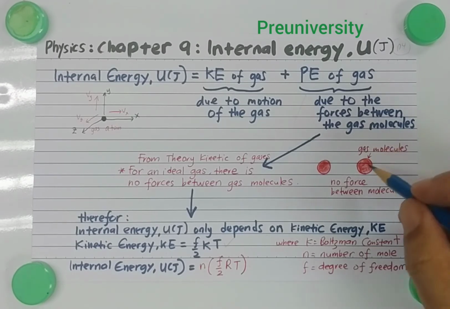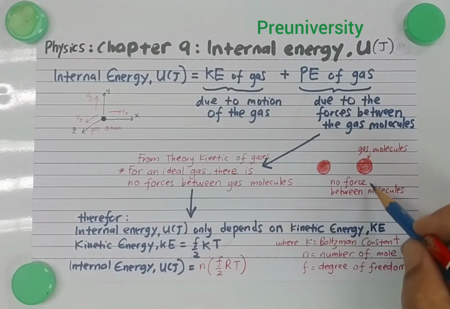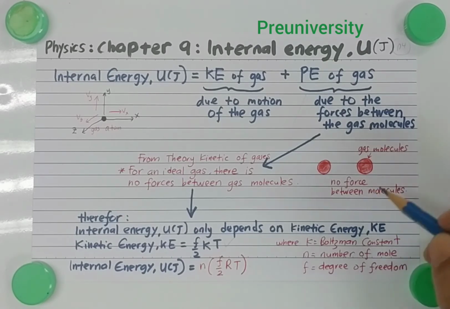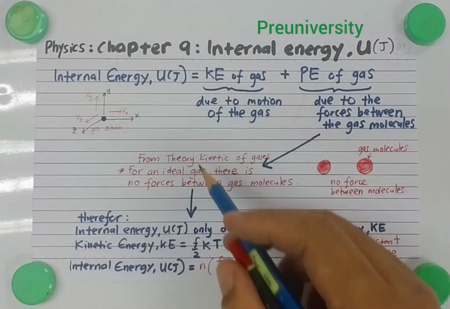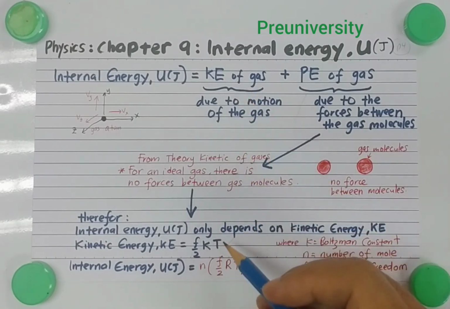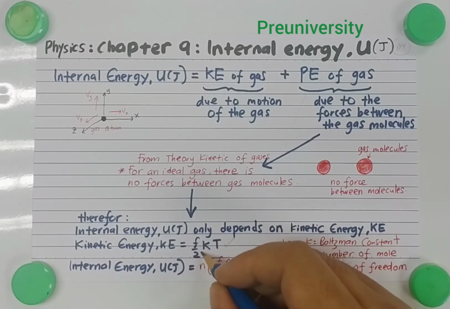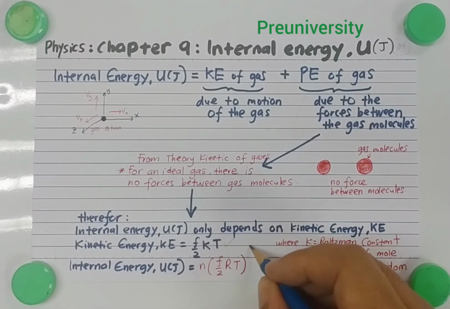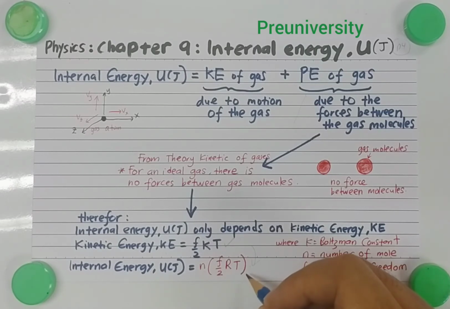Because from the kinetic theory of gases there is no force between the molecules, the potential energy becomes 0. Therefore, the internal energy depends only on the kinetic energy of the gas. We can calculate the kinetic energy of the gas as F over 2 kT, and the internal energy of the gas is U equal to N F over 2 RT.